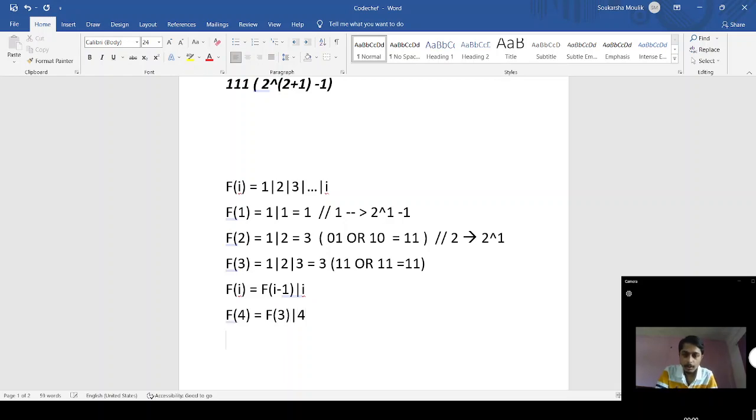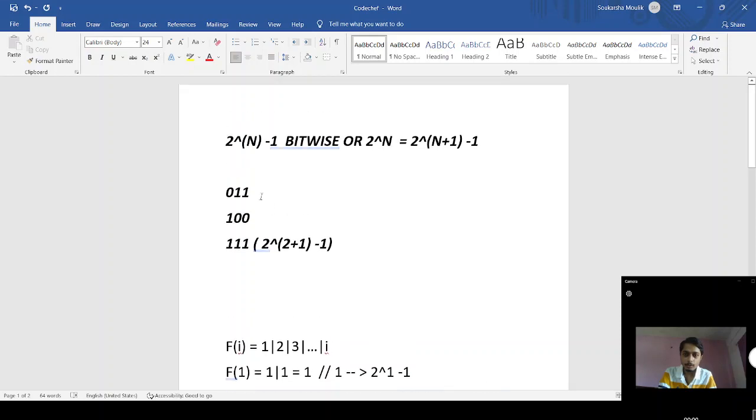Now see one thing, f of 3 will contain 2 set bits starting from the LSB, and the MSB will be 0. That is, f of 3 will always be 0, 1, 1. And when you OR 4, it will consist of 3 bits, the MSB will be 1, and the rest bits will be 0. So the answer will always come out to be 7. Nothing to think more.